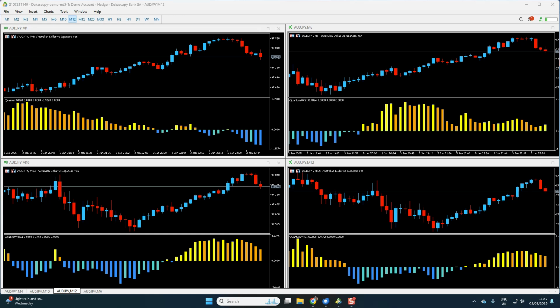Weaker colors signal a lessening of that strength, whether that's in the bullish phase where we've got bright yellow and the paler orange, or in the bearish phase where we have the bright blue and the slightly lighter blue. So that's the second component. And the third component, which is perhaps the most important, is the height of the bar itself.